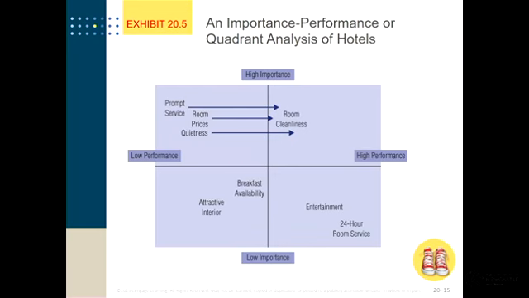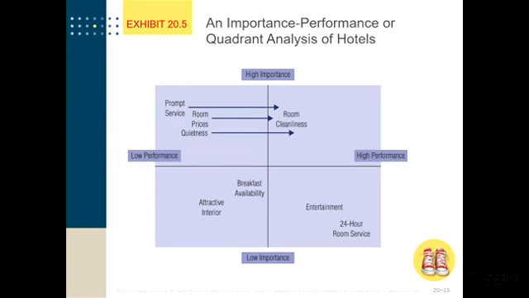Then, this quadrant, the bottom-left one, has breakfast availability and attractive interior. It's the combination of low performance and low importance. That means they are low importance variables, and their performances are also low.